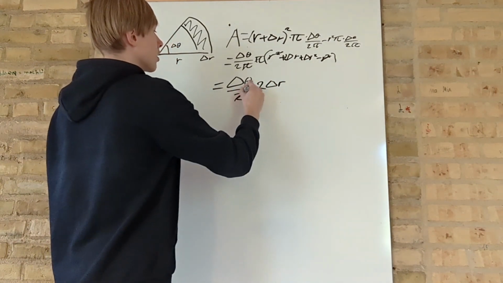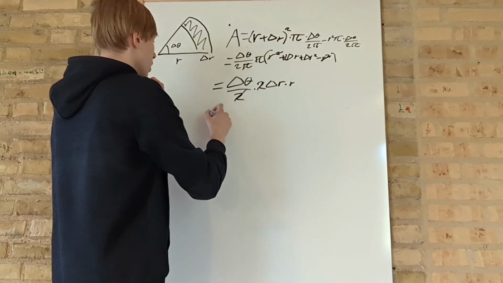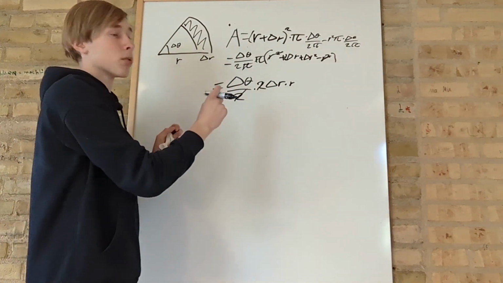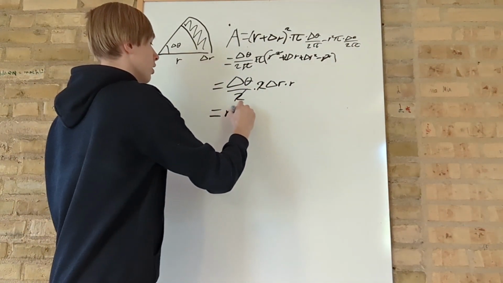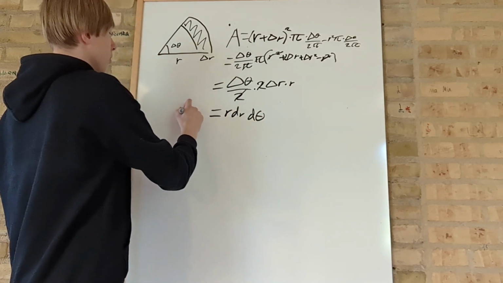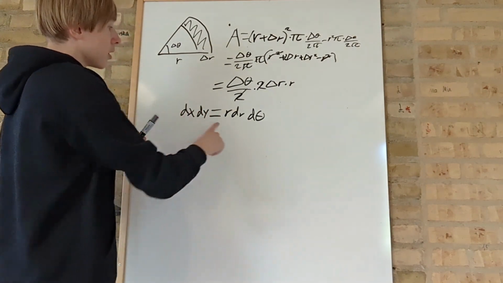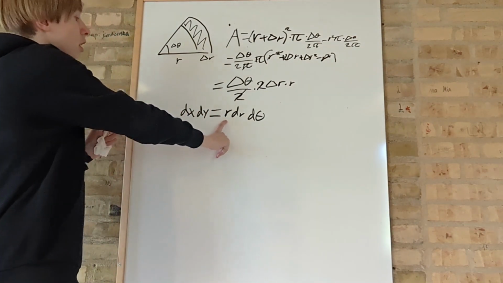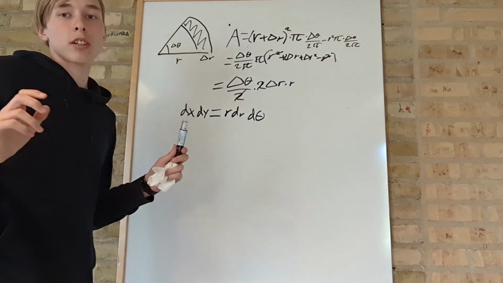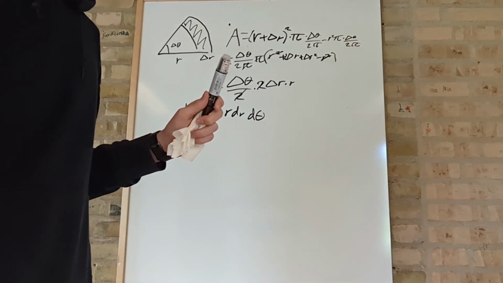And now we can cancel these two, times r, I'm sorry, I forgot that one. And now when we shrink this delta to 0, we will get r dr d theta. And now this will be equal to the dx and dy, and we will see that here we have the Jacobian coefficient.